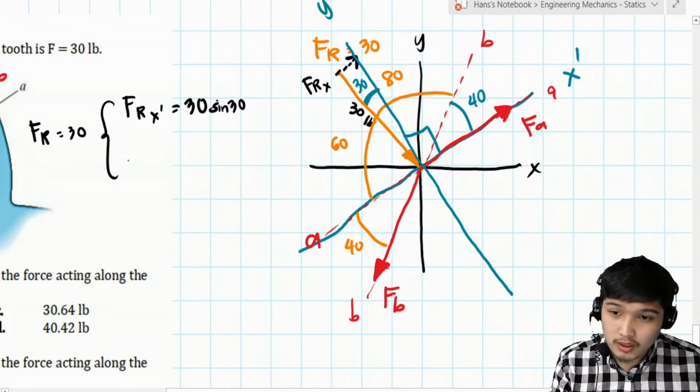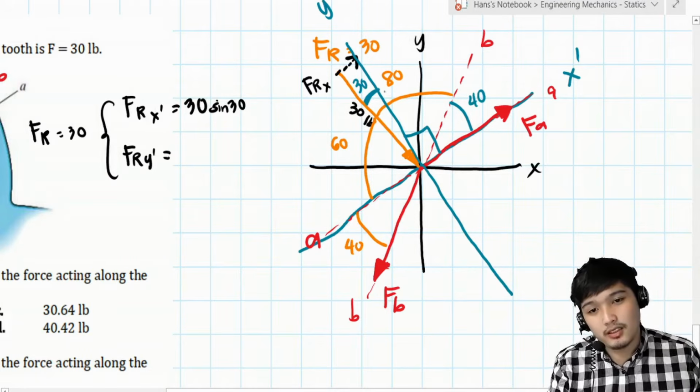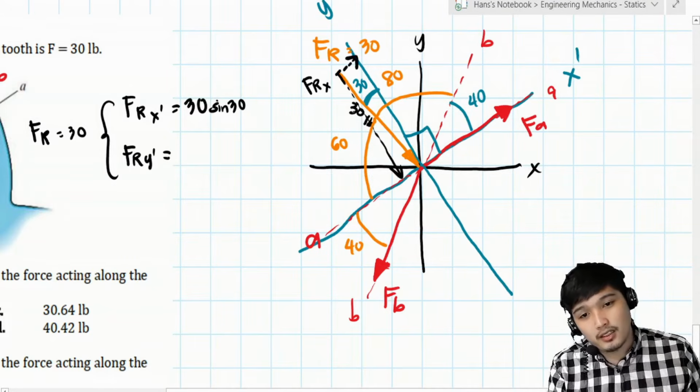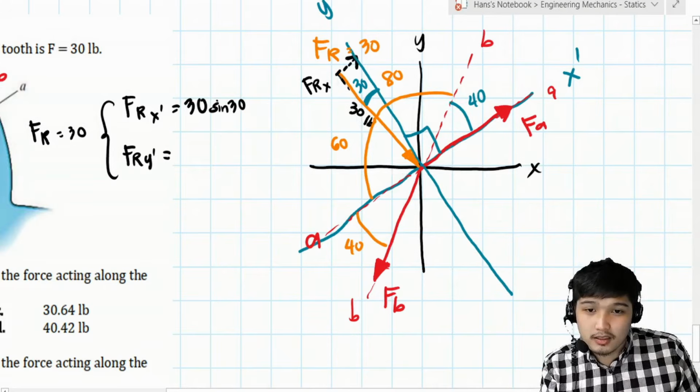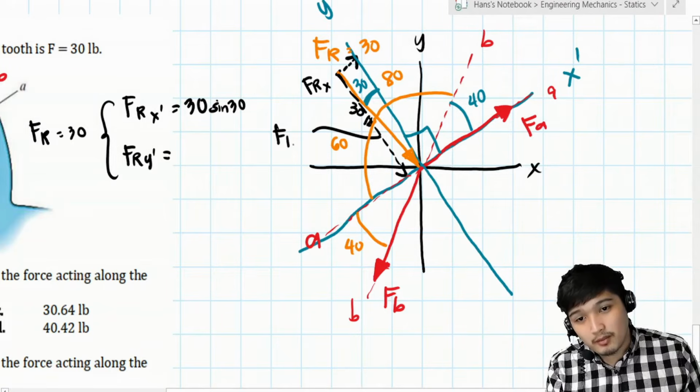So how about its component along the y prime axis? It's this one. This along the y prime axis represents the vertical component of the resultant force, FR y prime.